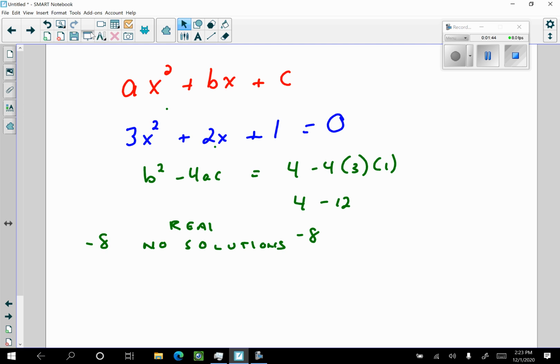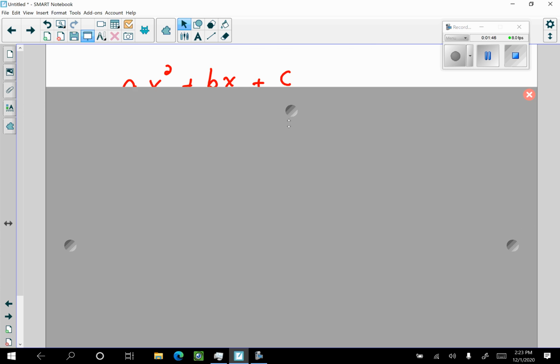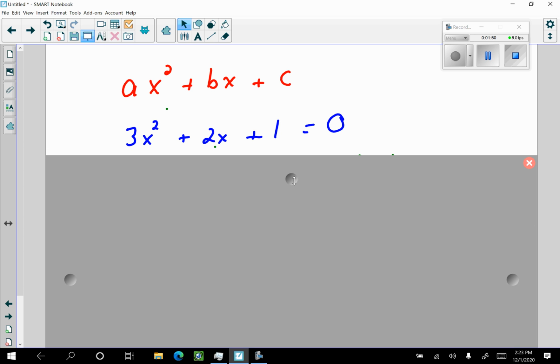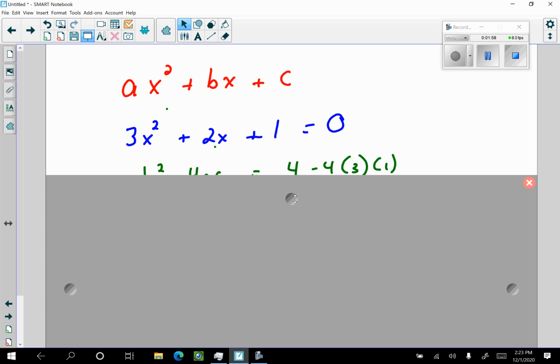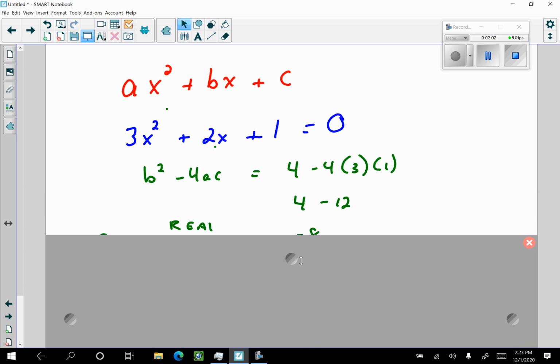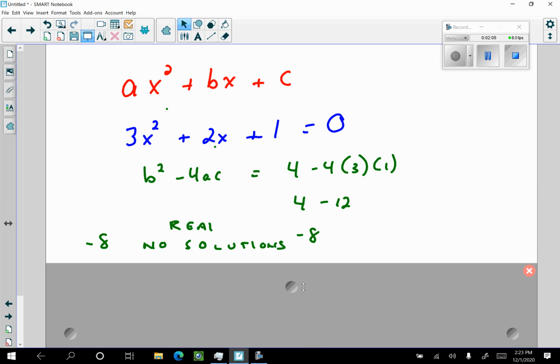happening here. If I have this quadratic equation, for example, 3x squared plus 2x plus 1, and I go to find the discriminant, I see that the discriminant is -8.